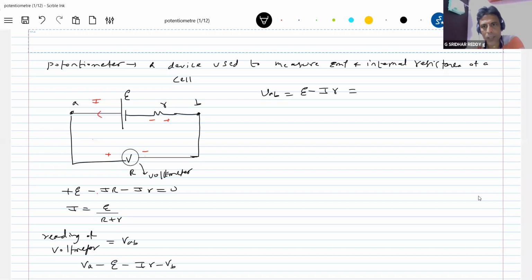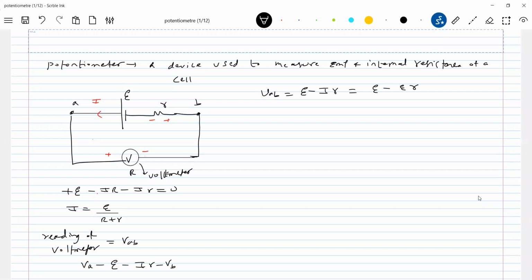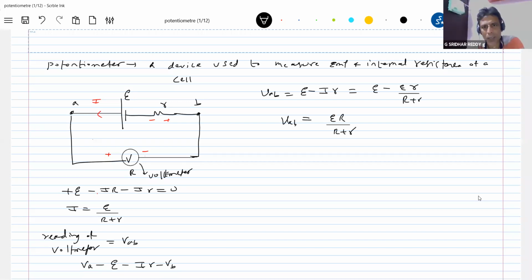Further, I will be written as E by r plus R, so this will be ER by r plus R, or we can directly apply the potential divider formula. This is the basic equation.